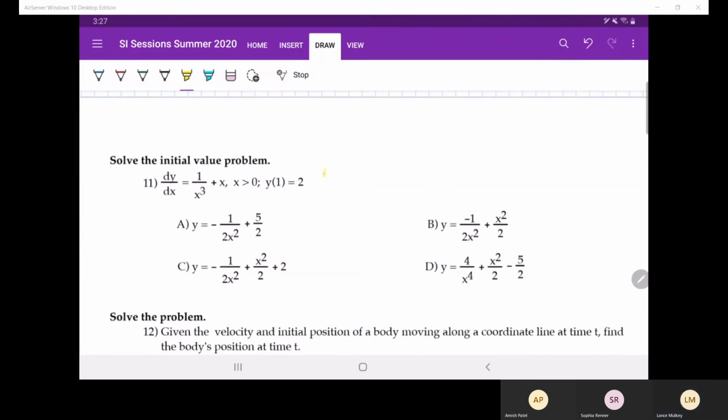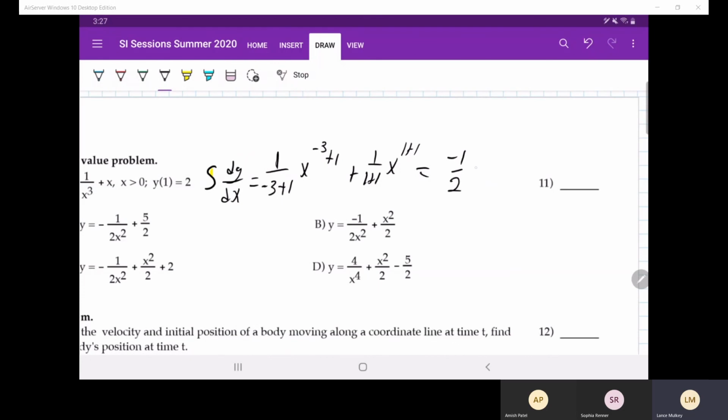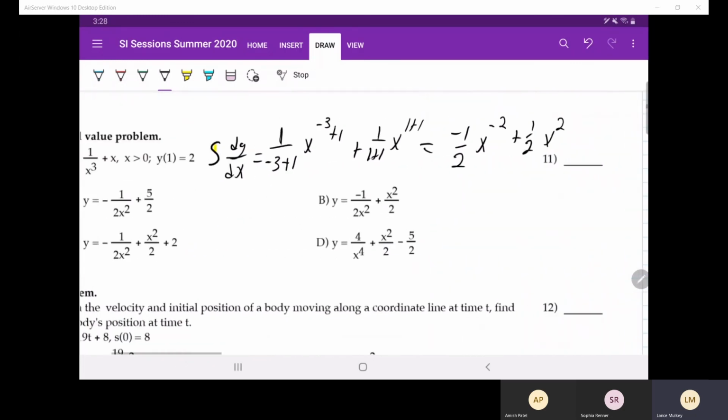So take the integral of dy dx equals negative, let's see, 1 over negative 3 plus 1 times x to the negative 3 plus 1, plus 1 over 1 plus 1 x to the 1 plus 1, equals negative 1 over 2 x to the negative 2 plus 1/2 x squared. Now we know that plus c.